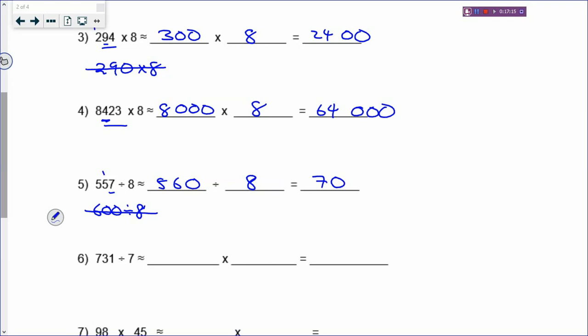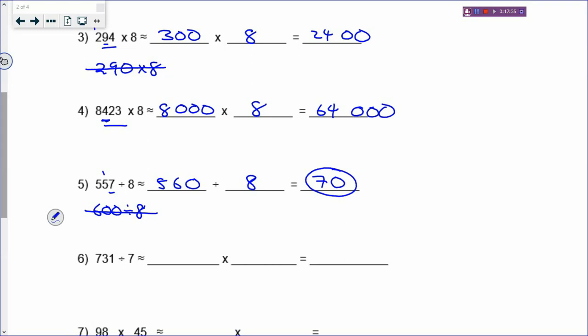Okay? But do take note that when you have more zeros in your rounding off, your estimated answer gets further away from the actual answer. For example, 70. If I round the 557 to nearest tens, I get 560, divide by 8 and I get 70.